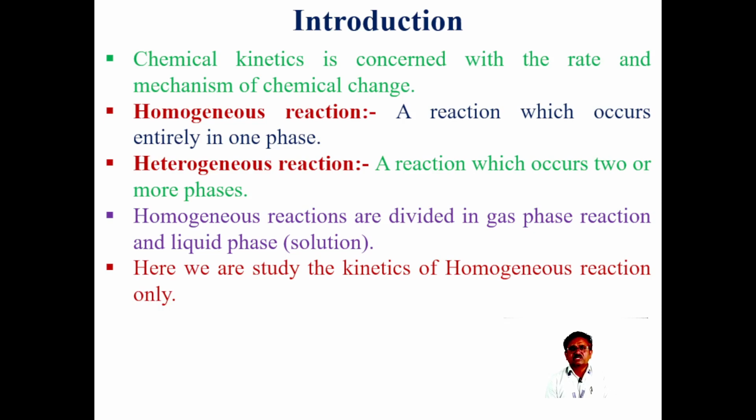A reaction which occurs entirely in one phase is called a homogeneous reaction, and a reaction which occurs in two or more phases is called a heterogeneous reaction. Homogeneous reactions are divided into gas phase reactions and liquid phase, that is, solution. Here we are studying the kinetics of homogeneous reactions only.